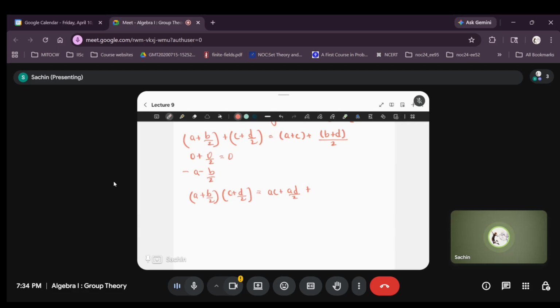Yes, associativity and all is fine because they directly come from rational numbers. Yes, that has to be verified.